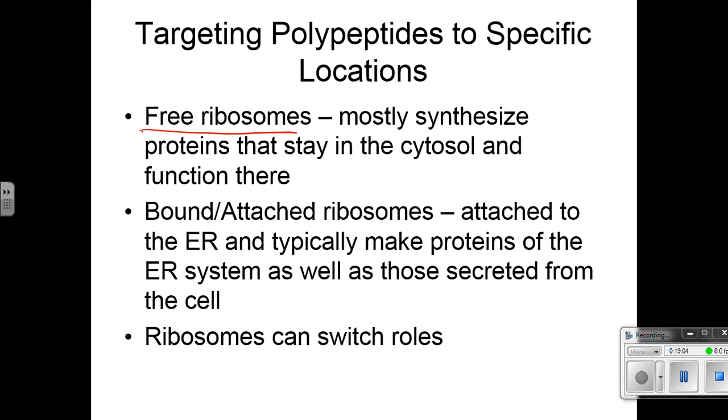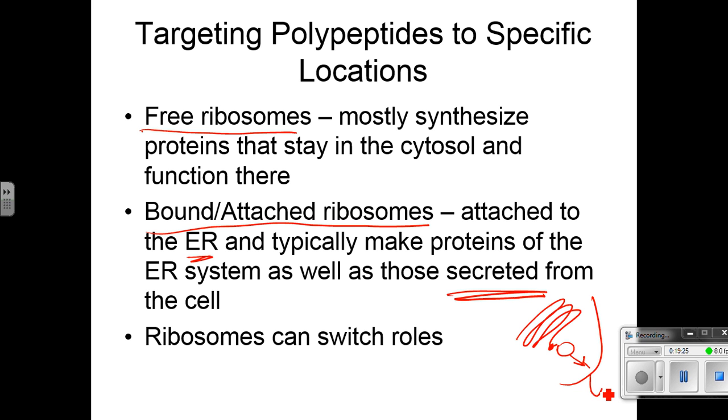The bound or attached ribosomes, those are the ones on the ER, are going to make proteins that are going to be secreted from the cell. Why is that? Well, on that ER, those ribosomes can form a vesicle, and the vesicle can fuse with the cell membrane and release the contents out of the cell. They can switch roles, however, but that's typically how it goes.